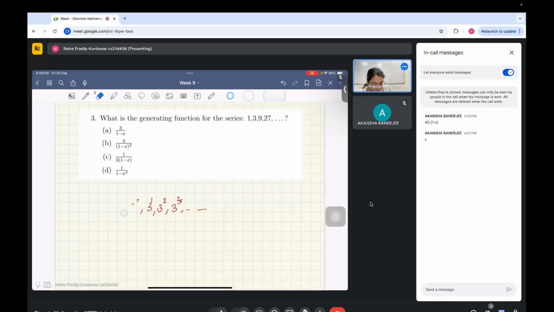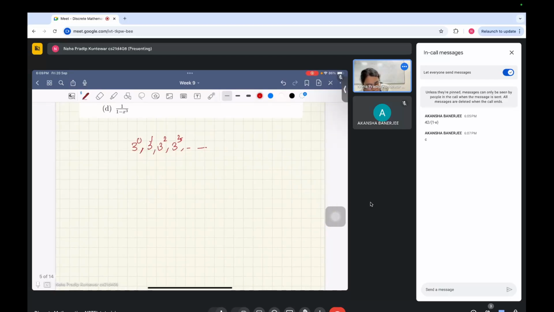So okay, let's try to solve this. So you have 1 over 1 minus x, and this is equal to 1 plus x squared plus x cube and so on.